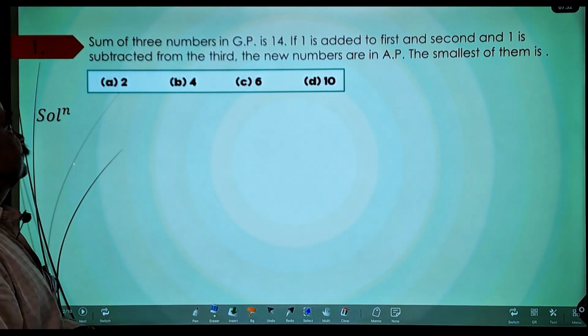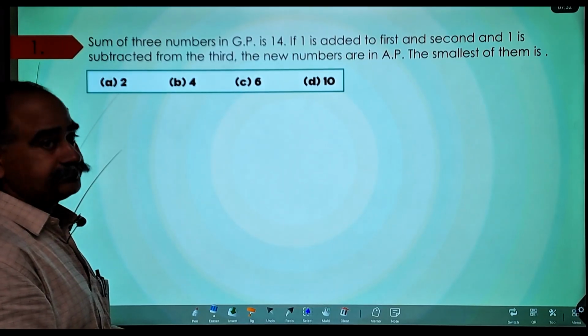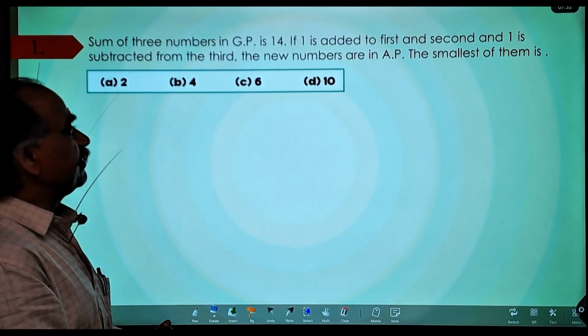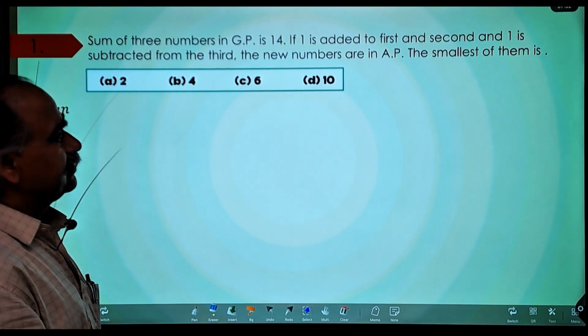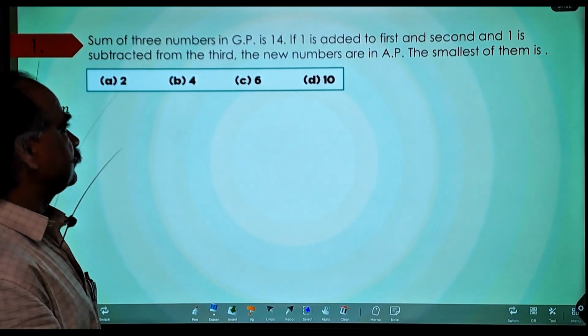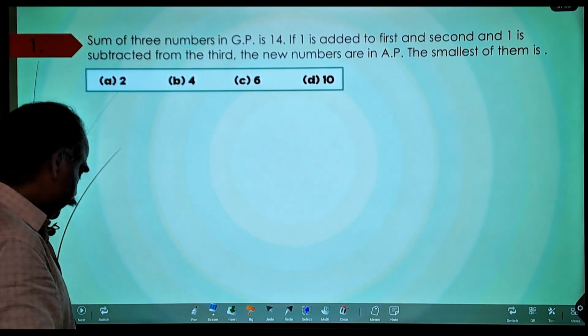The first problem: the sum of three numbers in GP is 14. If one is added to the first and second and one is subtracted from the third, the new numbers are in AP.